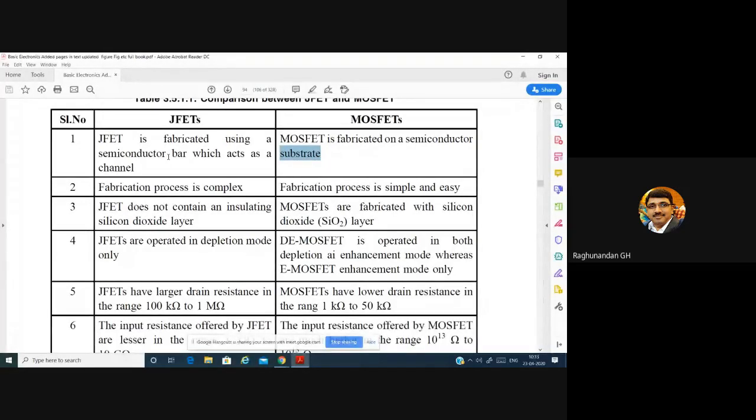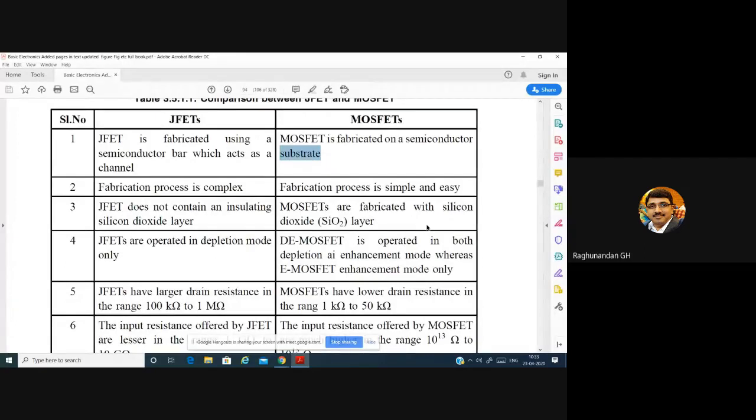But in MOSFET, we take a base, on that we add one more layer, and on that we add one more layer. It is just like putting a foundation while building a house. We put a foundation, on that we'll have walls, on that we'll have the roof. It is like that, step by step we'll be growing.